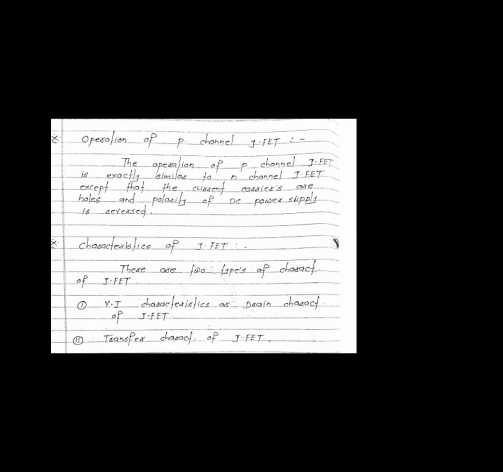But in a P channel JFET, there is one difference: the majority charge carriers are holes, so current conduction takes place due to the holes only. So the operation of the P channel should be described with respect to the majority charge carrier, that is holes, and the other things with respect to the N channel.